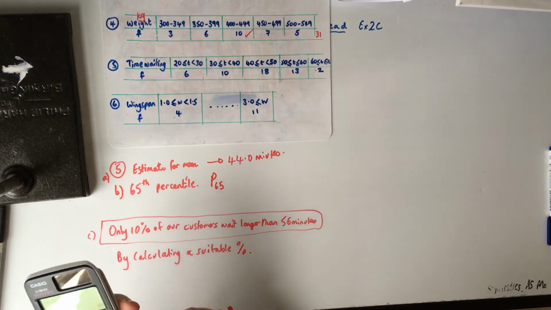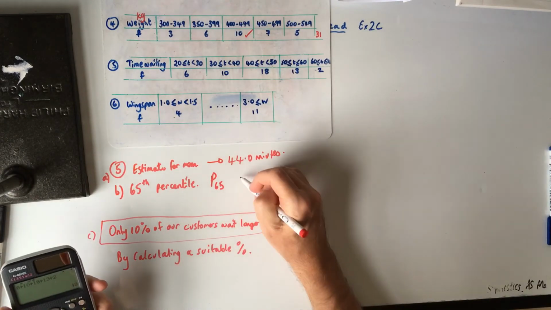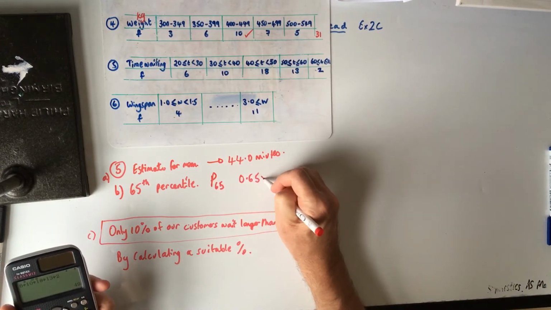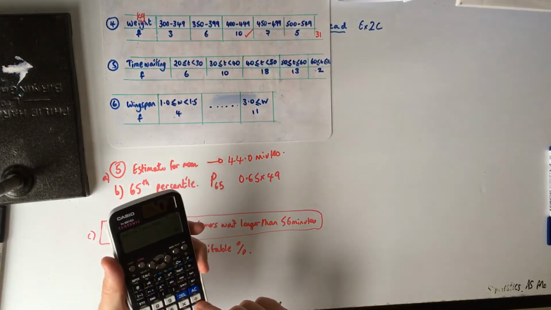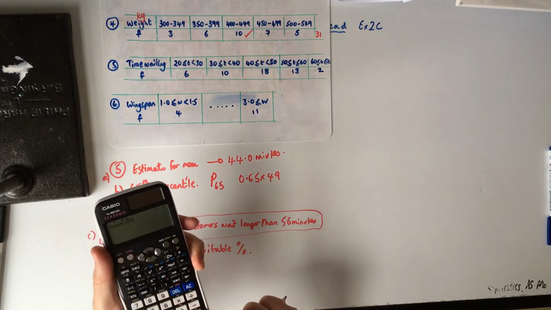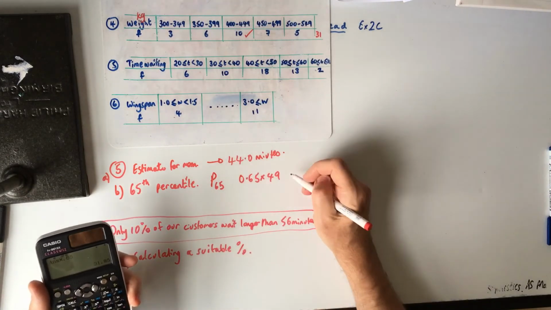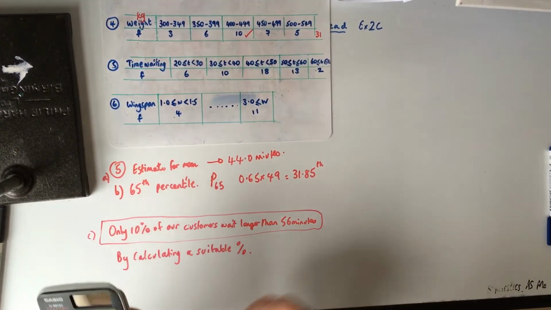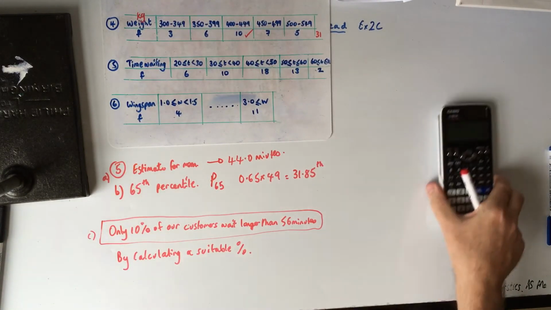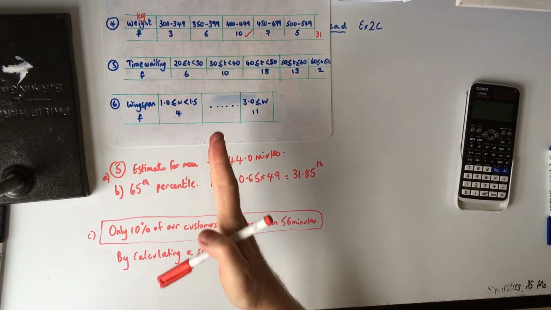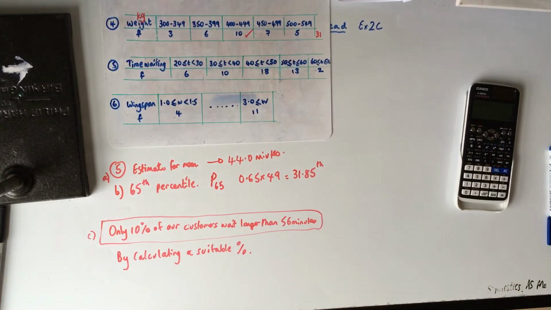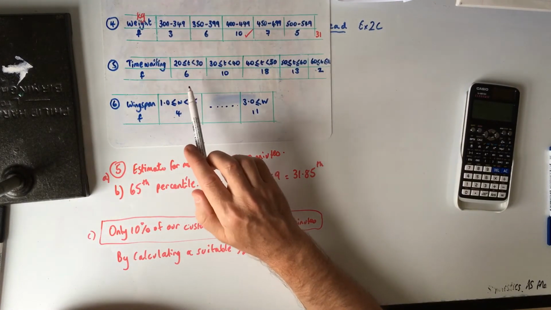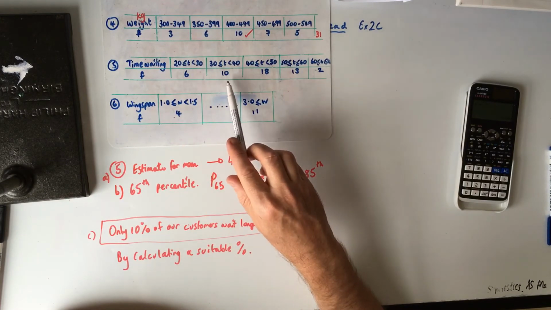So we want 65% of 49, and that gives us 31.85. So the 65th percentile is the 31.85th person waiting, when they're all in order. So let's find out what group that's in. Okay, so 6 there, 10 there, 16.